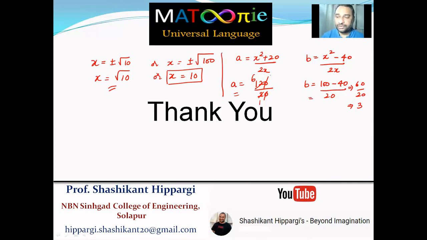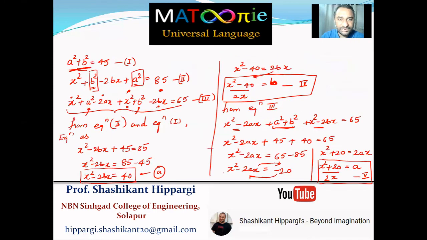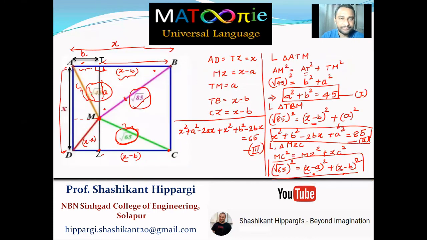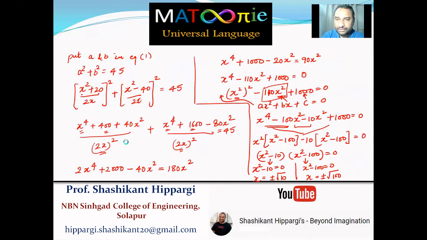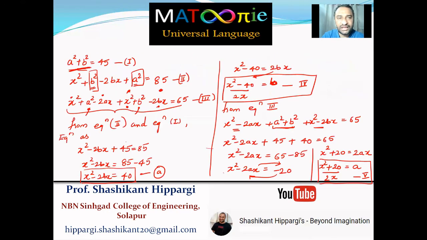So we'll try to find out whether everything will be satisfied or not. I'll redraw that question here. We know that the equations are x minus a whole square plus x minus b whole square must be equal to 65. Or we'll take any one of the values.